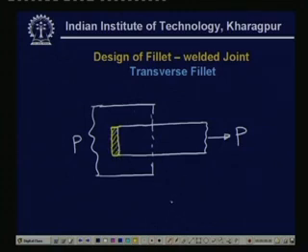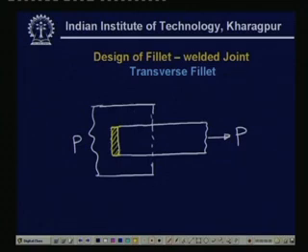Now, here the analysis becomes quite complicated, as we will see very soon. We take the example of a double transverse fillet joint, where there will be two such plates.